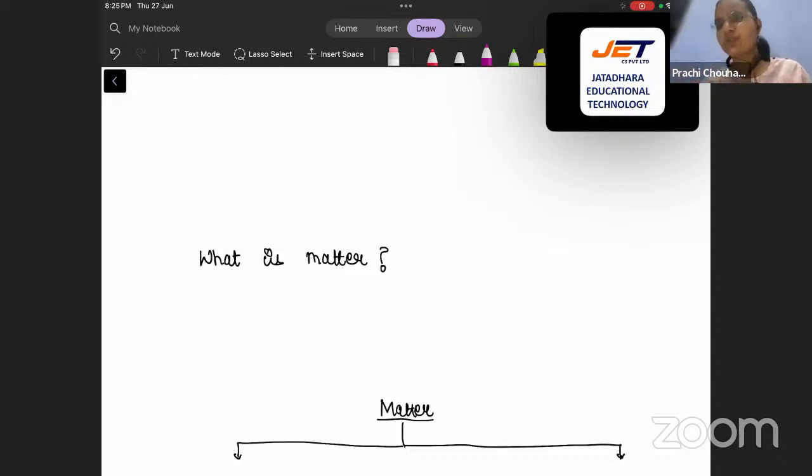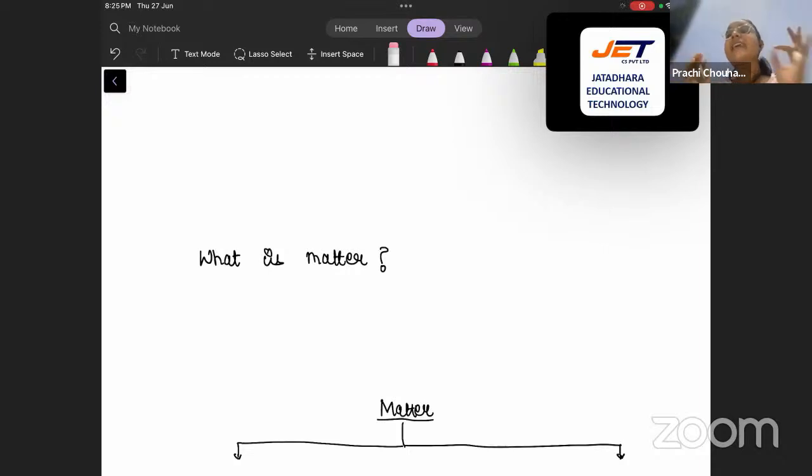Bhavna wrote that it is the one that has mass. I'll pick your answers and write them here because these are the basic things that you should know. Now I'll tell you how we define matter.